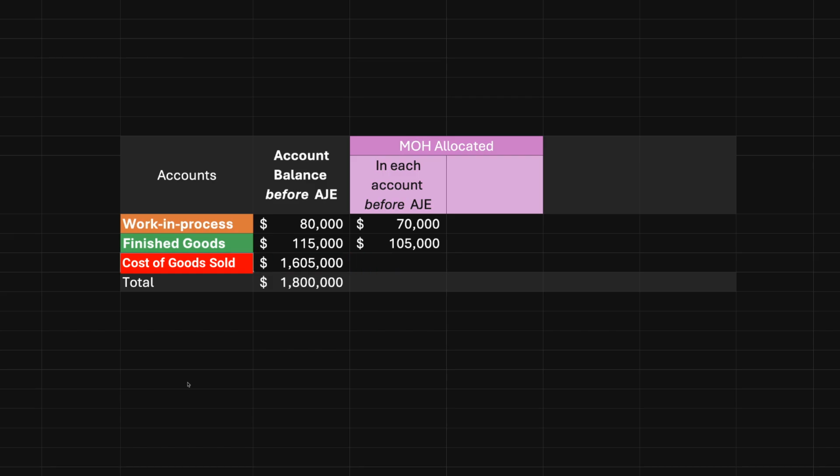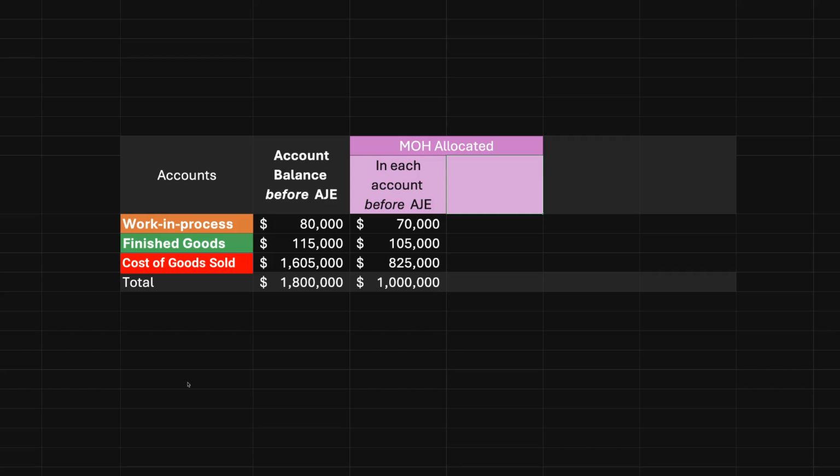Finally, we have the cost of goods sold at 1,605,000, and we'll say the manufacturing overhead that is allocated and still sitting in that account is $825,000. This all totals $1 million. And we know that the manufacturing overhead allocated is 1 million, from the earlier example that we saw.